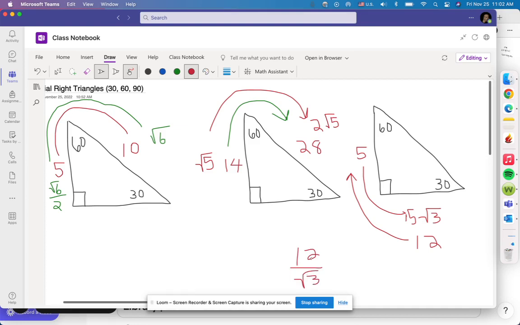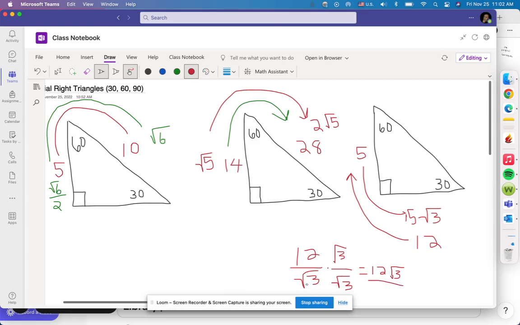Well, this one's fun because you can't leave it like that. You have to rationalize. So I have to multiply this by square root of 3. Hopefully you remember rationalizing. Whenever you have a radical in the denominator, you always multiply by that radical over itself, because I don't want a radical in the denominator. So that's going to make this 12 radical 3 in my numerator. You really can't do anything with that.